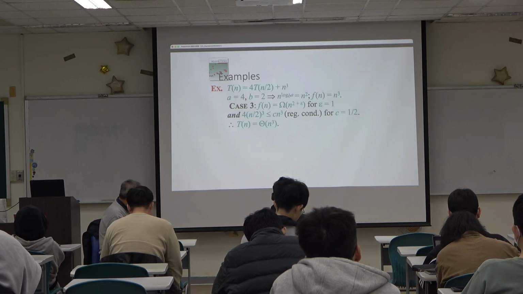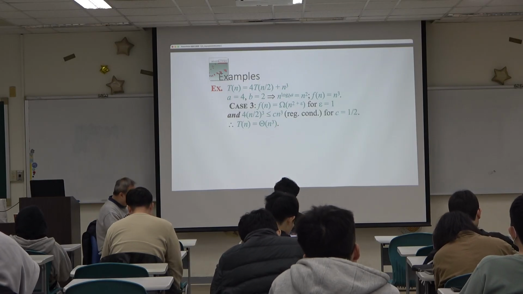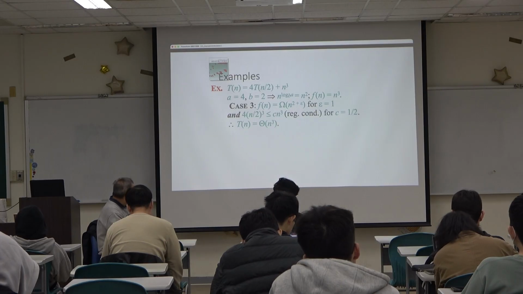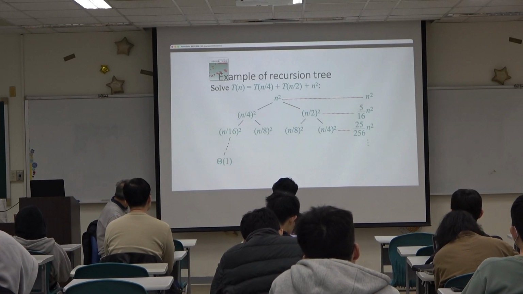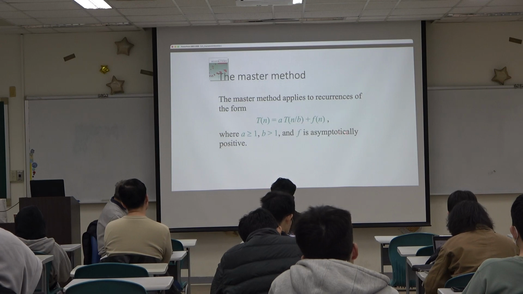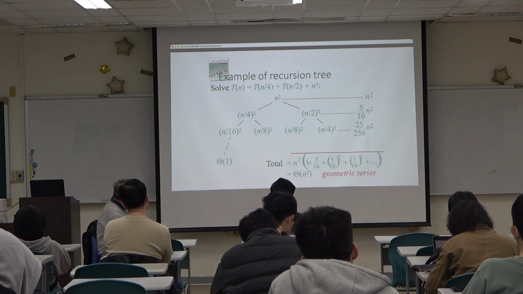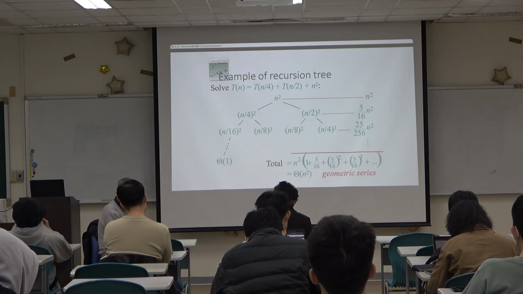But let me remind you once again: it only works when your recurrence relation is of this form. For example, if you want to solve this one, you obviously cannot use the master theorem.